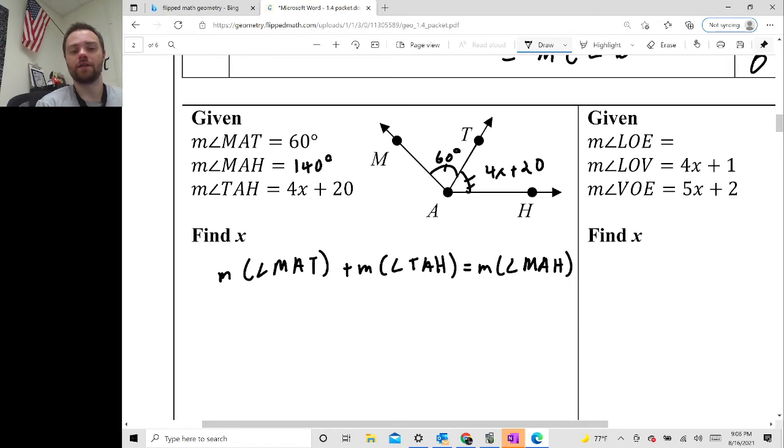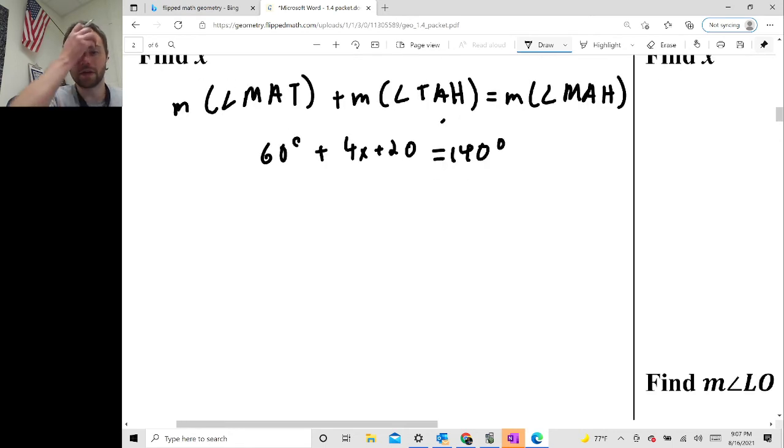So angle MAT is 60 degrees plus the measure of angle TAH, which is 4x plus 20, is going to equal the measure of the big angle, which is 140. And from here, if you're familiar with solving equations, you just solve it out.